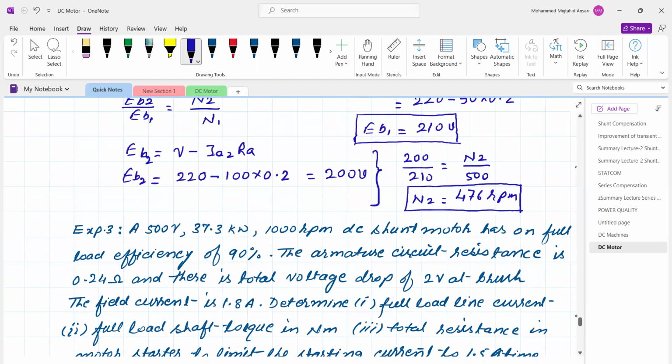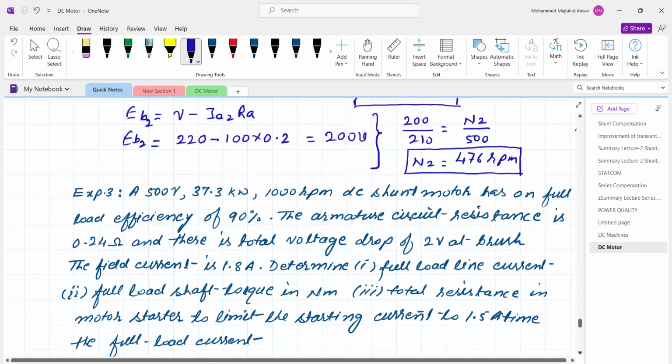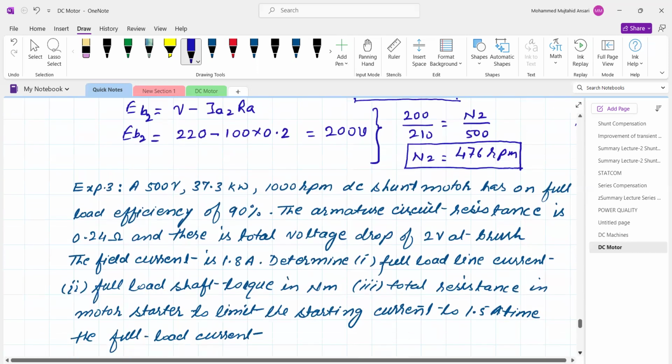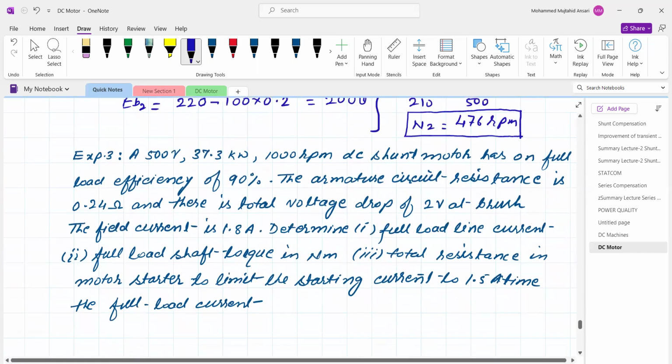The field current is 1.8 ampere. Determine the full load line current, the full load shaft torque in Newton meter, and the total resistance in the motor starter to limit the starting current to 1.5 times the full load current. So it is a very good example.